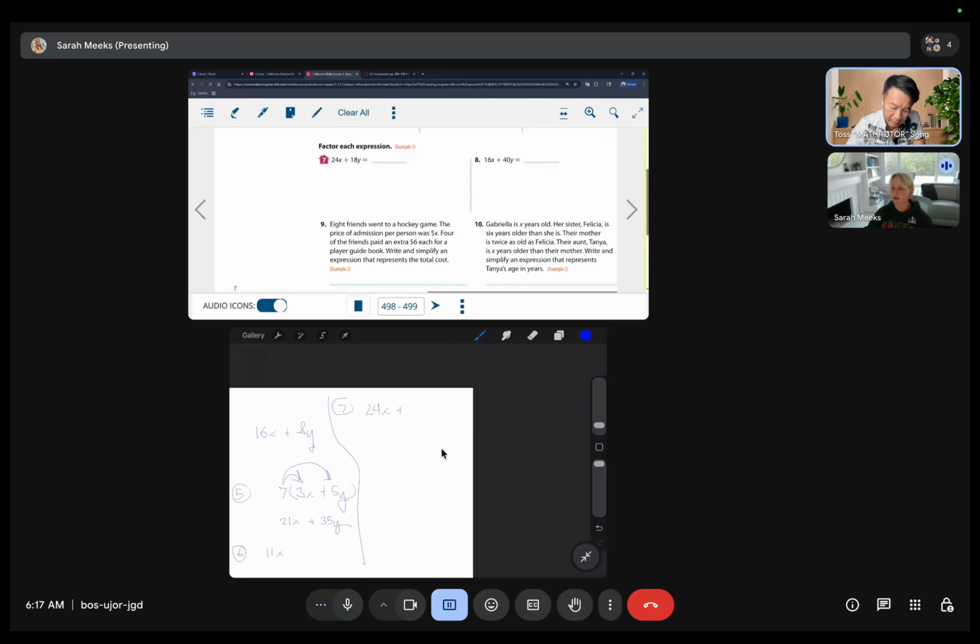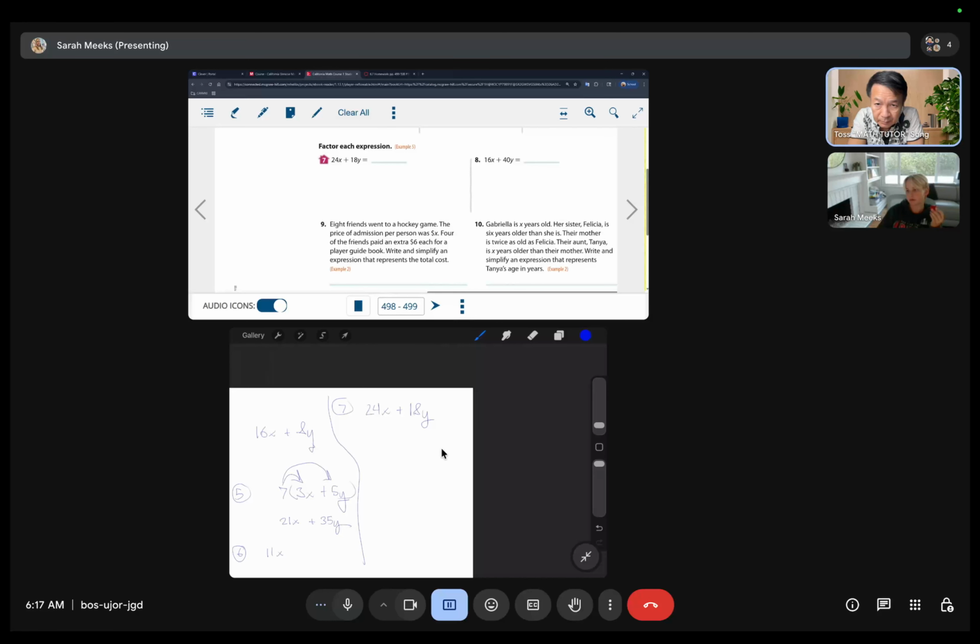They call it the greatest common factor. You have to pull it out. But come up with it first, and I'll show you how to write it. What is the biggest number that can divide into 24 and 18? If not, I can show you a methodical way, but I'll let you give it a shot.